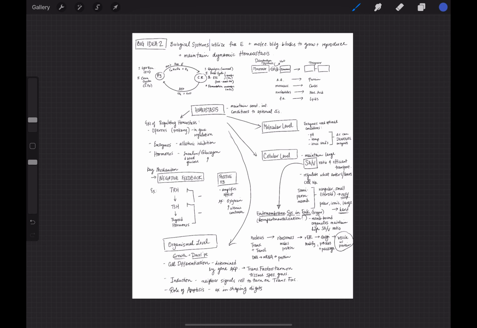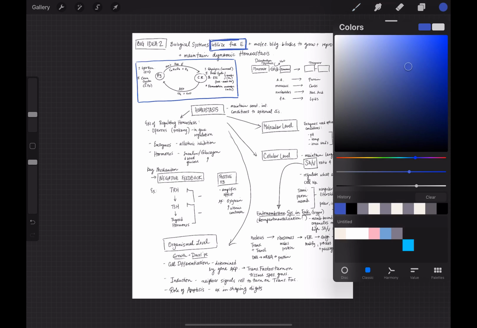Okay, so I was able to squeeze everything in here. Let me color code the different topics that we went over. For energy, I'm going to use blue. We talked about how biological systems utilize free energy, and the two processes, photosynthesis and cellular respiration, are really important for that.